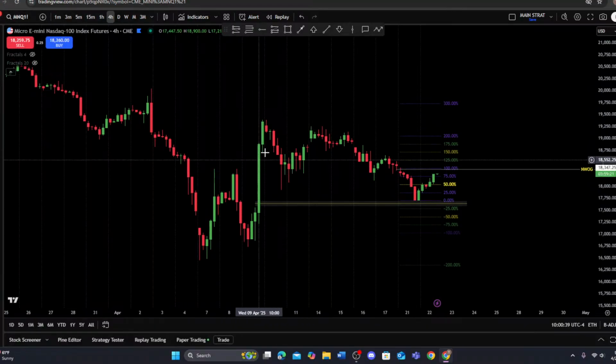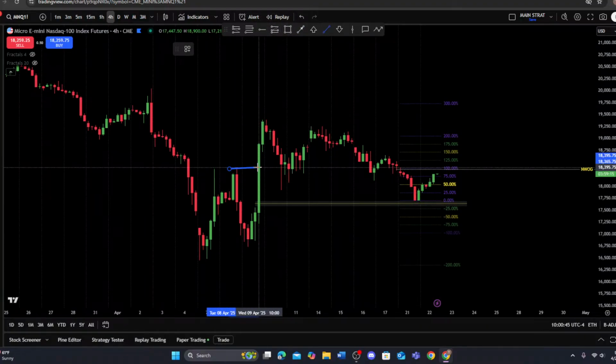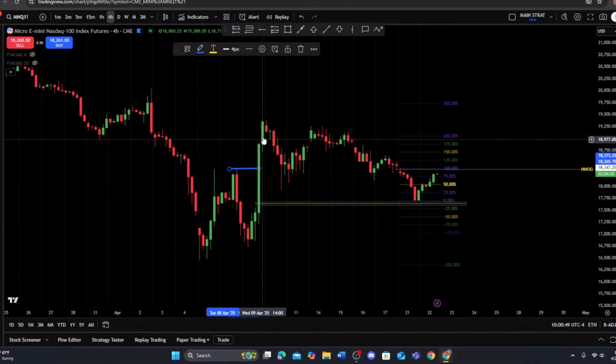So we had this bear run up here breaking this structure. So right now what we're trading in is this range here.